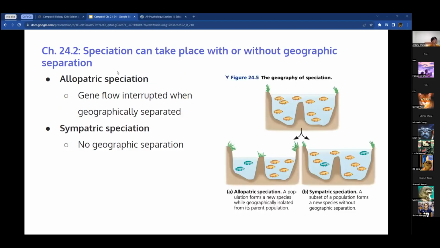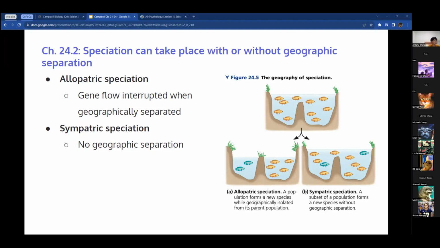Speciation can take place in two broad categories. If you have a population which diverges into two species, it can either be allopatric or sympatric. Allopatric is where two species diverge because they are geographically separated.